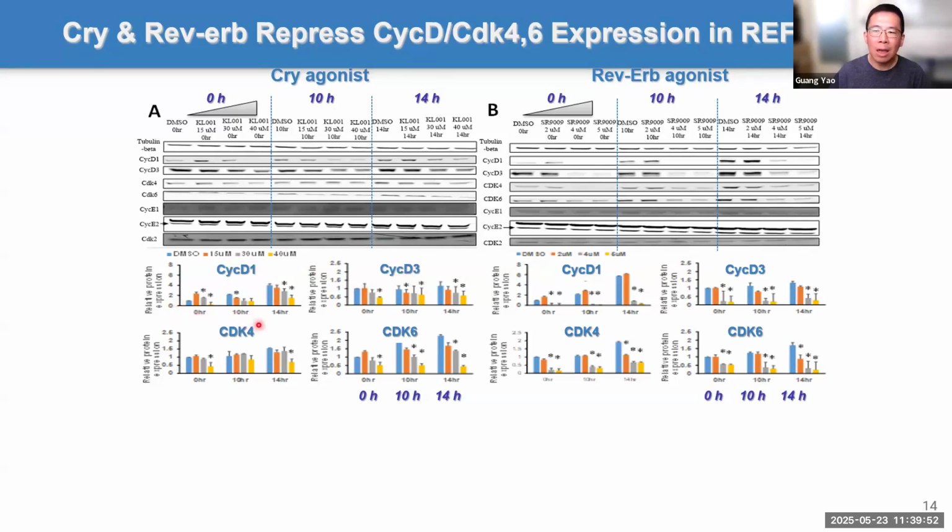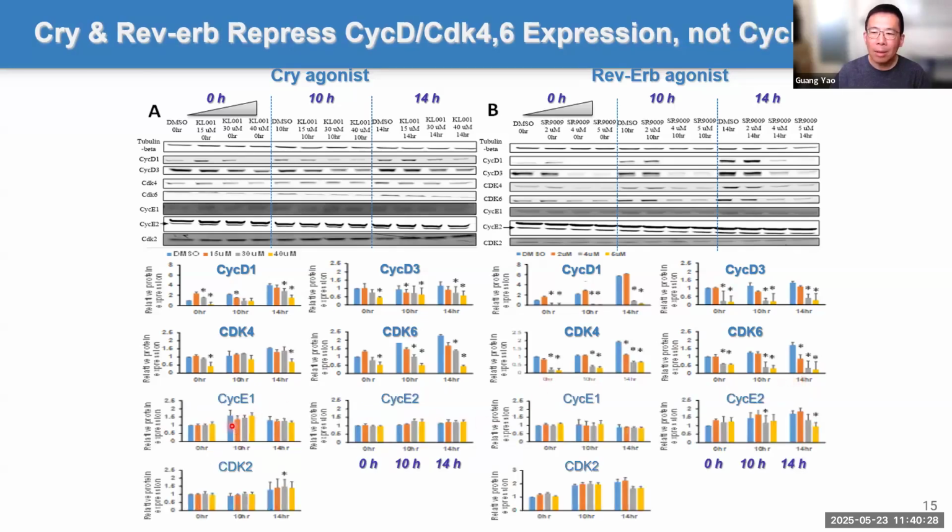In both cases, from quiescence and 10 hours into, or 14 hours into, roughly the start of S phase, you see cyclin D1 has a dose-dependent decrease in response to the cryoagonist. Same thing for cyclin D3 and CDK4, CDK6. All the cyclin CDK complex components are downregulated in expression by cryoagonist and also by RevERB agonists.